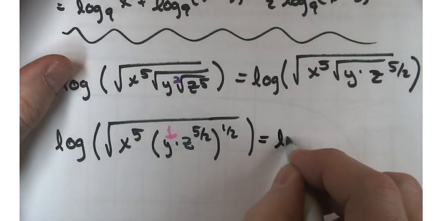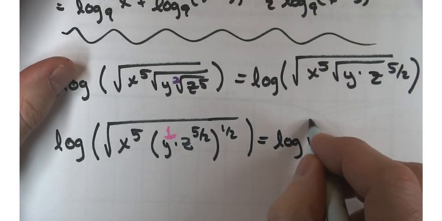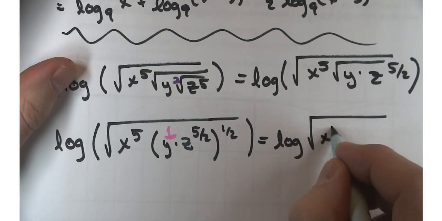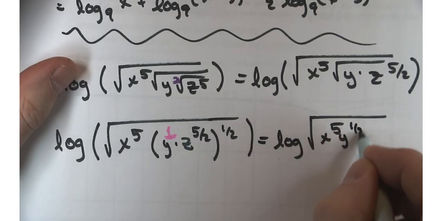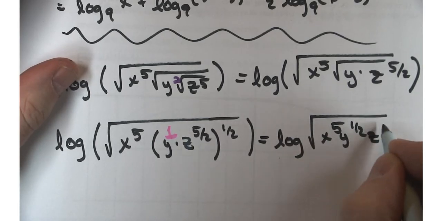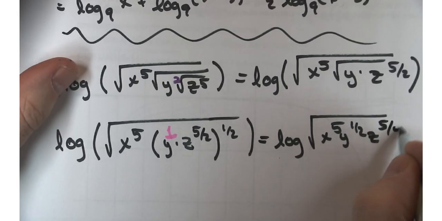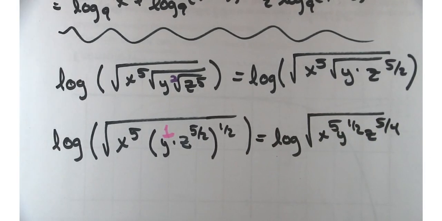So it's log of the square root of x to the 5th, y to the 1/2, z to the 5/4 power. Almost done. We got to do that one more time to get rid of all the square roots.